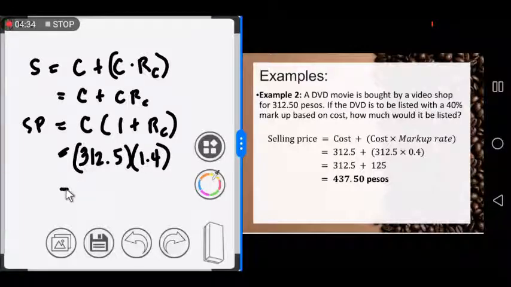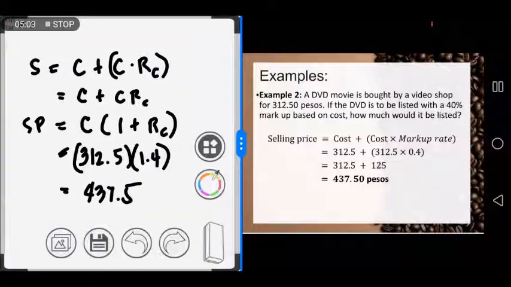We can try that, and you can try it too. 312.5 times 1.4 is still equal to 437.5. Since the cost is 100%, when you add 40% of our cost, that means it becomes 140%.